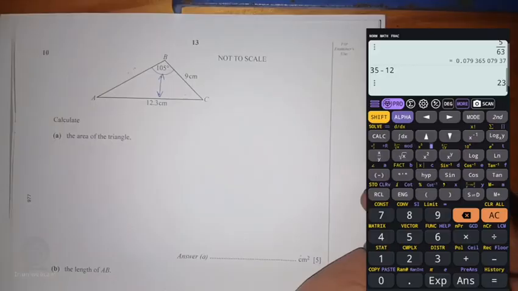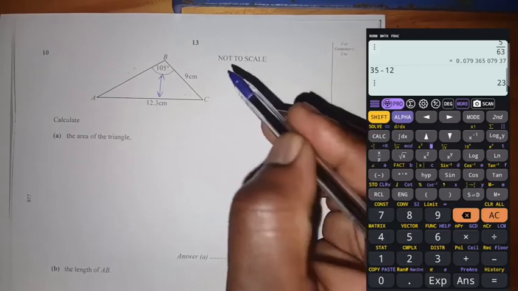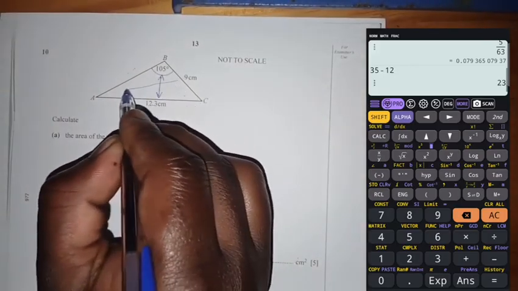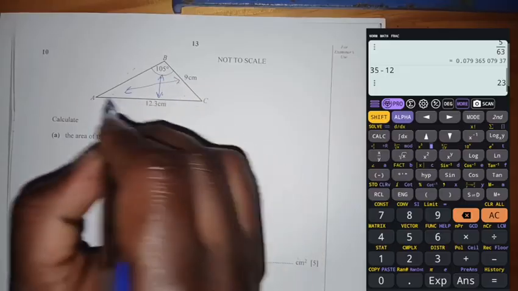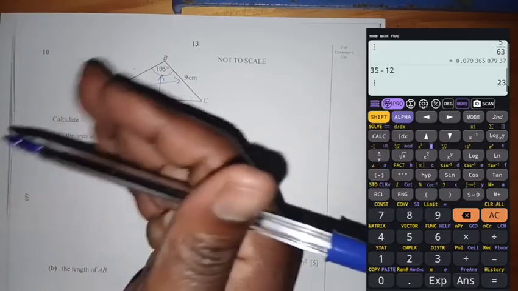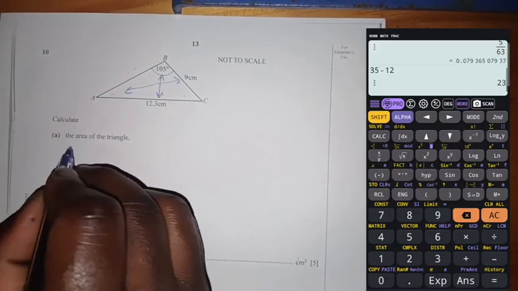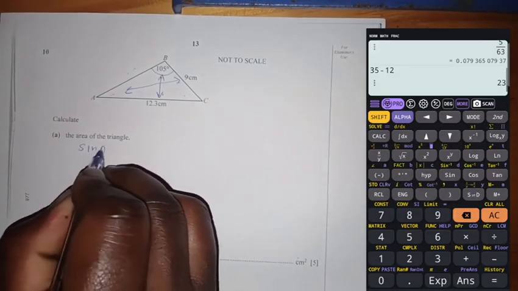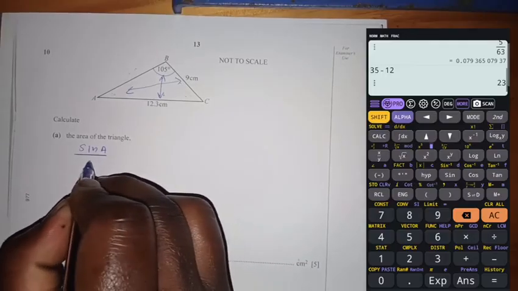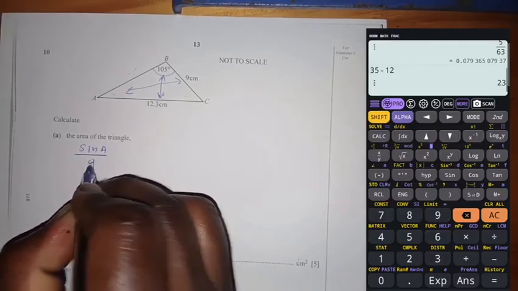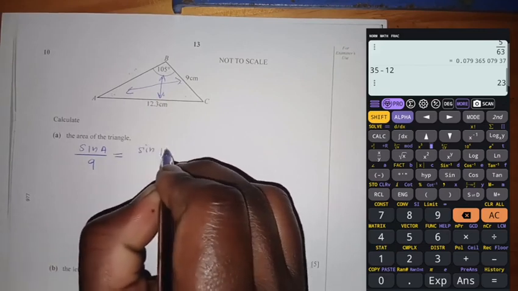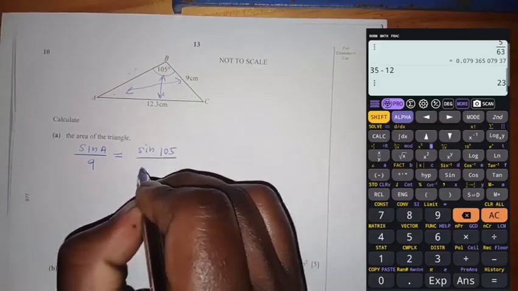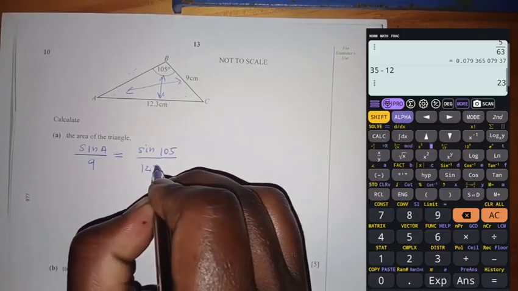Once you see a complete pair, just know the sine rule is the best to use there. Maybe let's find this angle here. This is an incomplete plus complete. The sine we are looking for, an angle, so the sines are on top. So sine A over the side opposite to A, it's 9, equals sine 105 over 12.3.